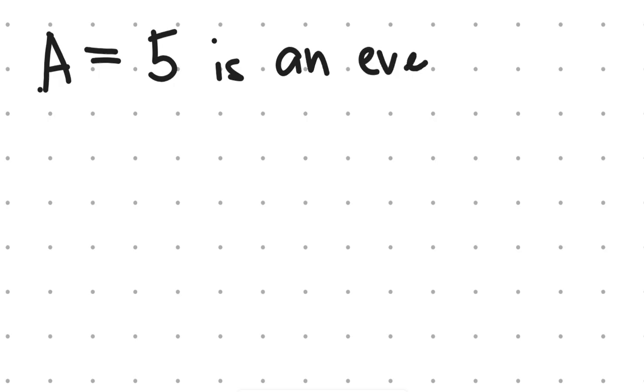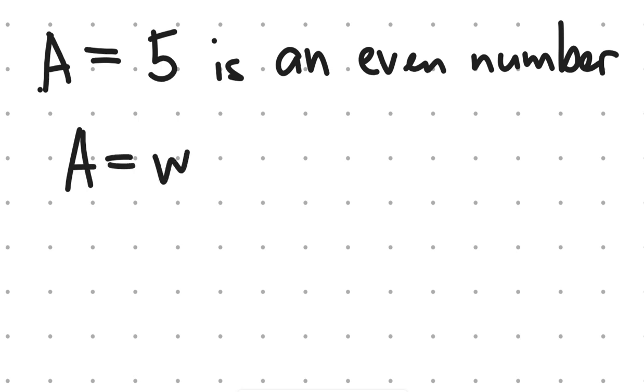We know that A and B are not numbers, but something we say about things. So if A is like "5 is an even number," then it means A is wrong.